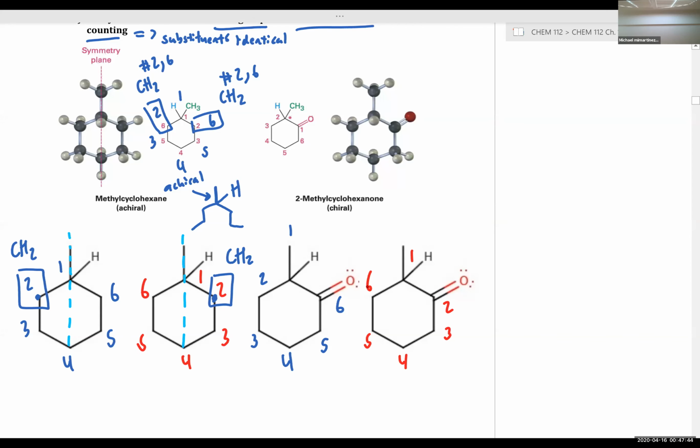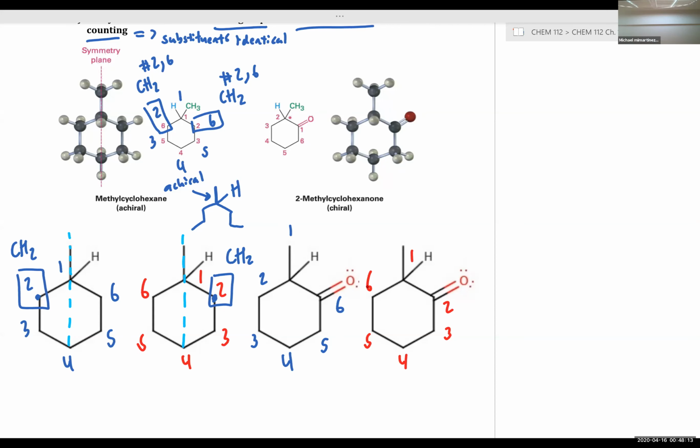So to give you a sense of what this would look like, just in our model kit, if we suddenly have an oxygen on our ring, now if we try to cut this molecule in half, is it symmetrical now? Is 2-methylcyclohexanone symmetrical if we try to cut it in half now that we have this oxygen?